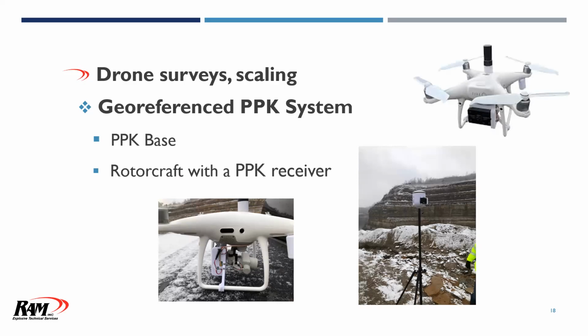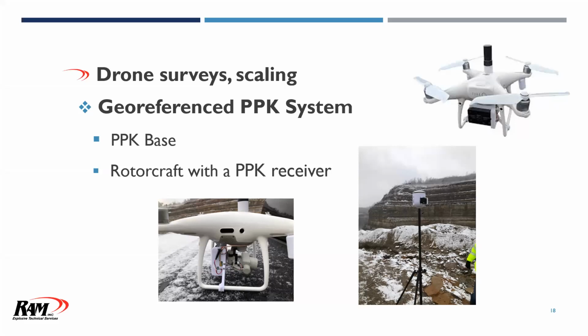So if you're in an area where it just isn't feasible, it's not safe, it's inaccessible, you can go in with a PPK system like this, and in the tests that we've run with it, be able to go in there and georeference it again with a very high degree of accuracy, very similar to the RTK system, but without having to set out multiple targets in and around the area.